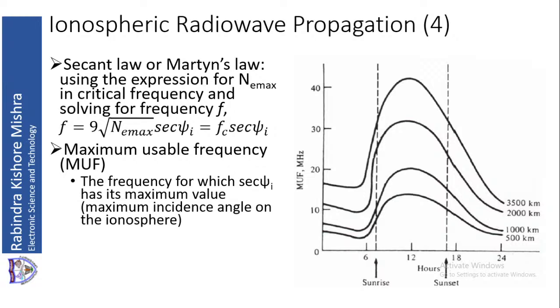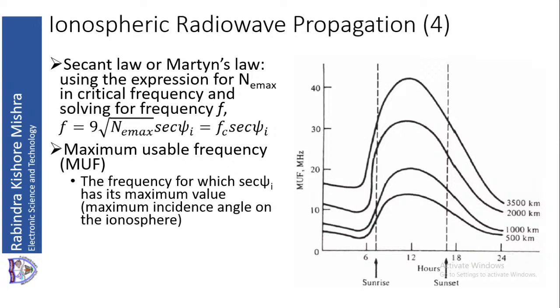What can be the reason for this? At noon there will be maximum density, which means the maximum electron density is maximum. Therefore we naturally expect that the maximum usable frequency will be maximum at noon. In the afternoon or in the morning, this will be minimum, as the ionization is dying down.